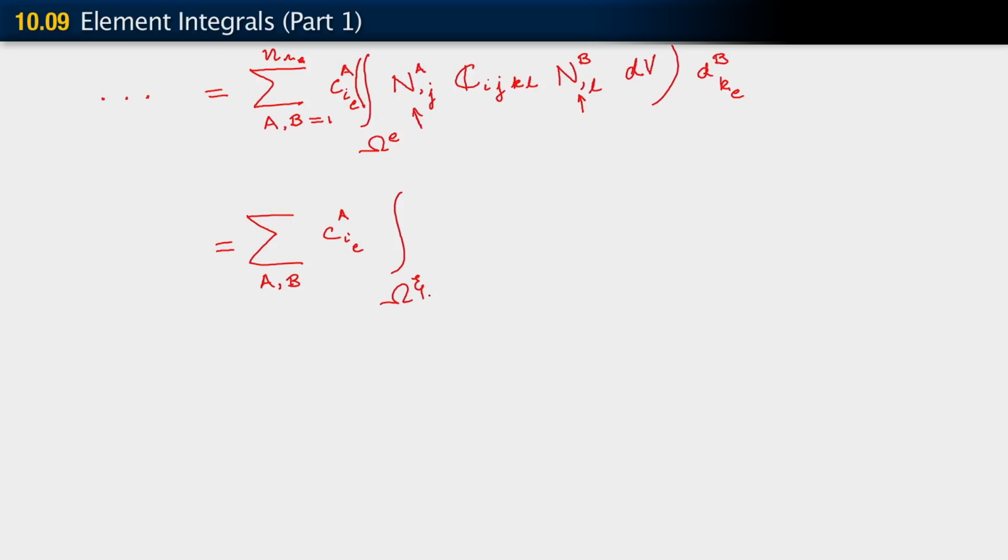That's our parent domain. N_A comma J, C_IJKL, N_B comma L. Right, now just as before, dV can be written as the determinant of the Jacobian of the mapping, dV sub, I think I was putting it there, right?